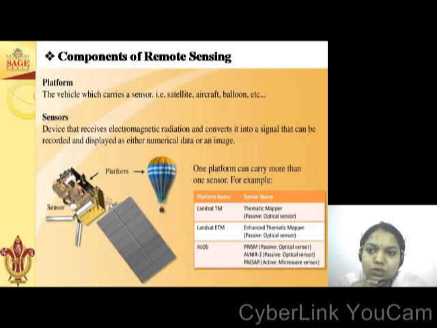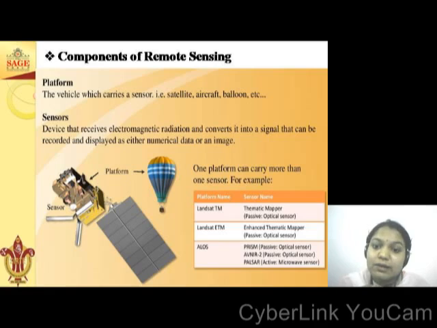Then we come to components of remote sensing, which comprise 2 basic components, that are platform and sensors. Platforms are the vehicles which carry sensors with them to receive the electromagnetic radiation, which is further transferred to their receptors. So what are the basic platforms? Satellite, aircraft, balloon, and nowadays drones are also used.